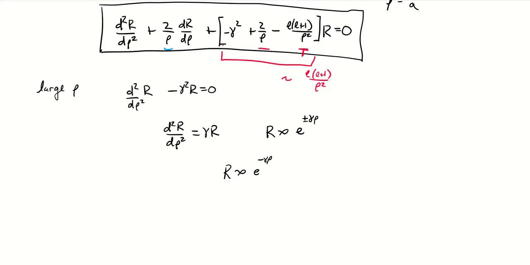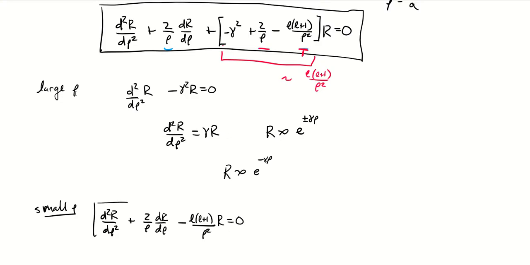So if we look at this small rho region, our differential equation reduces to d²R/dρ² plus 2 over rho dR/dρ minus L times L plus 1 over rho squared R equal to 0.